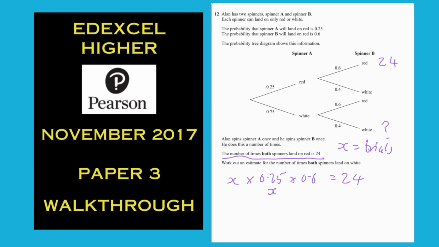So that's, get on your calc, find the number of trials, 24 divided by 0.25 and 0.6, you get the reassuringly nice round answer of 160 trials. We haven't finished yet.